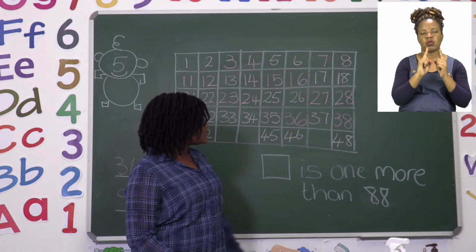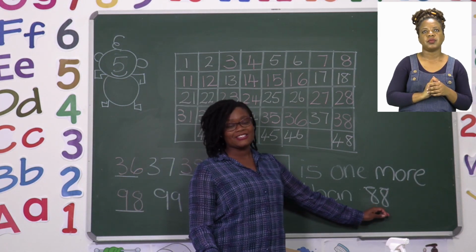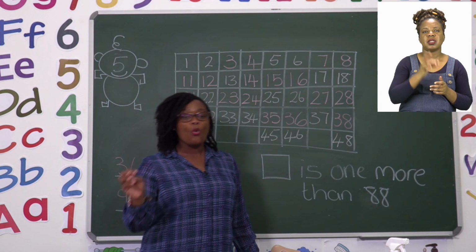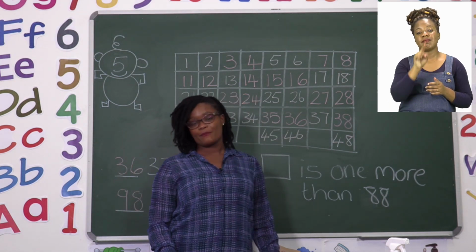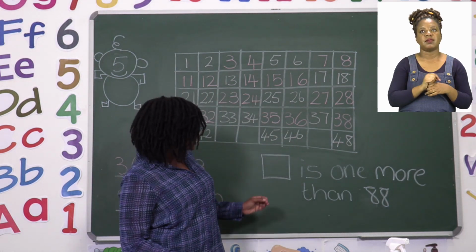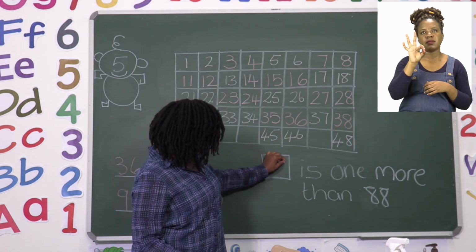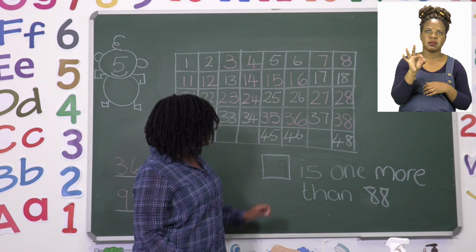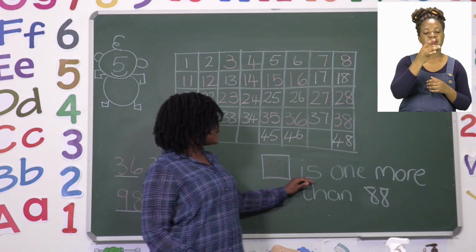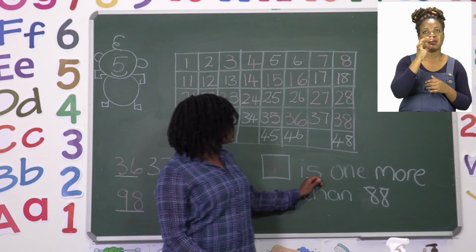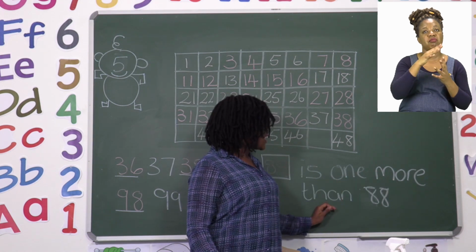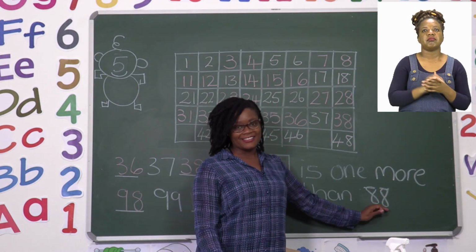Our number in this case is 88. So we need to just jump 1 to the next number, and the next number is 89. Now it says 89 is 1 more than 88.